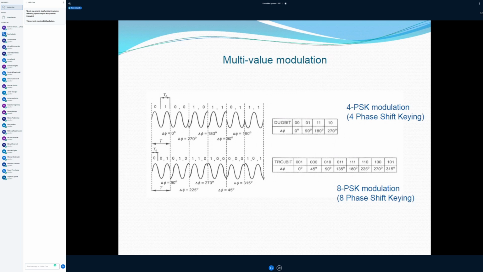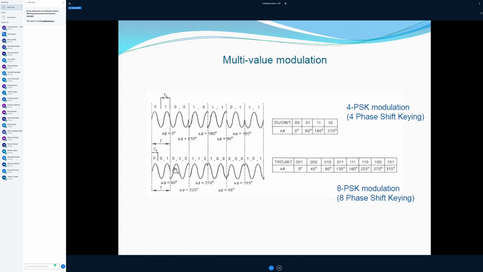So it is not like we have 4 different phases and we just switch between those phases, but the system somehow knows what was the initial phase of the previous chunk and changes the phase by a given number of degrees. So it is more often this differential. In fact, we are saying that this is a differential modulation.